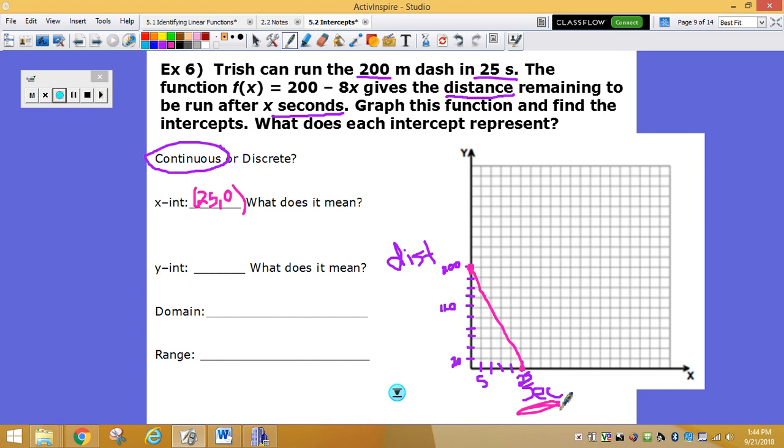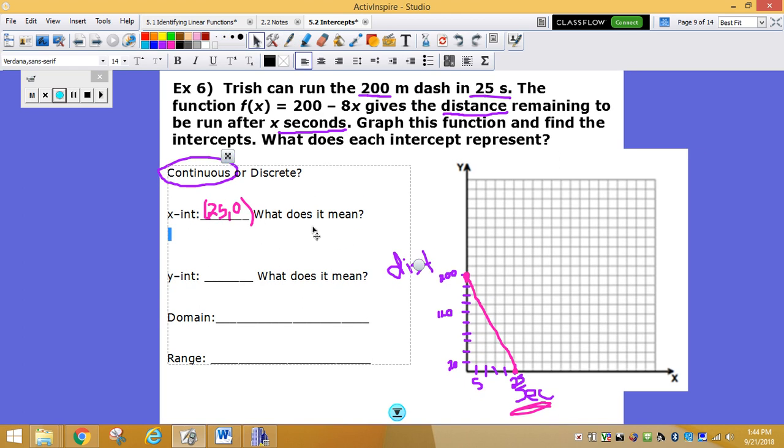Hopefully you can process and say, well, that means she finished the race in 25 seconds. So what does my x-intercept mean? It means Trish finished the race in 25 seconds. That's what it means.